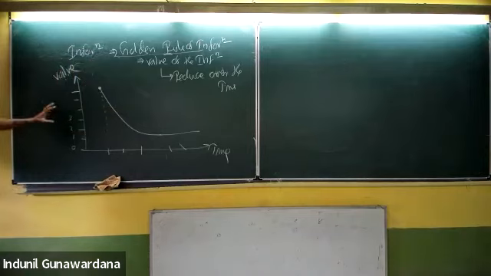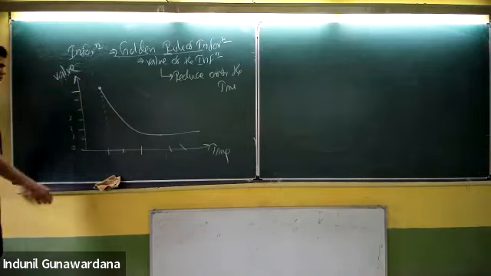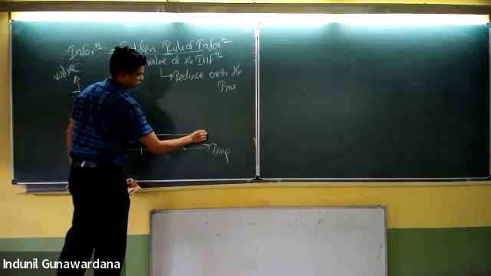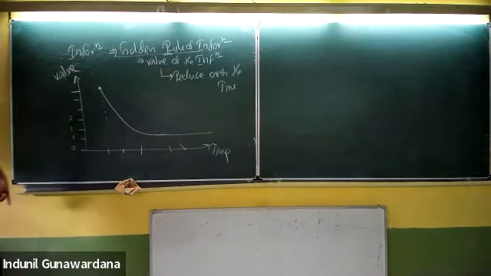Then shall we have a graph like this? Here we have time, here we have value, it's reducing.